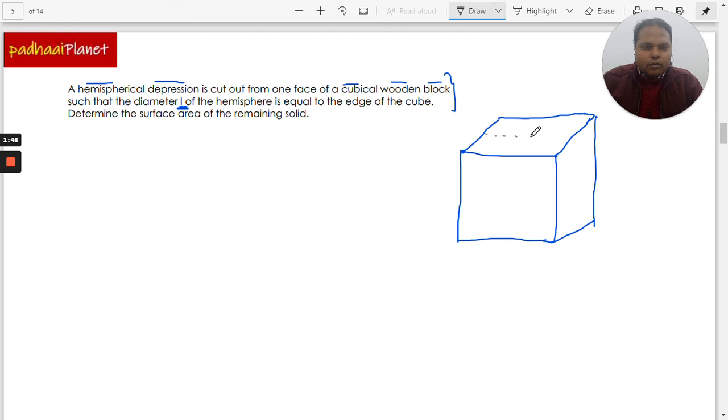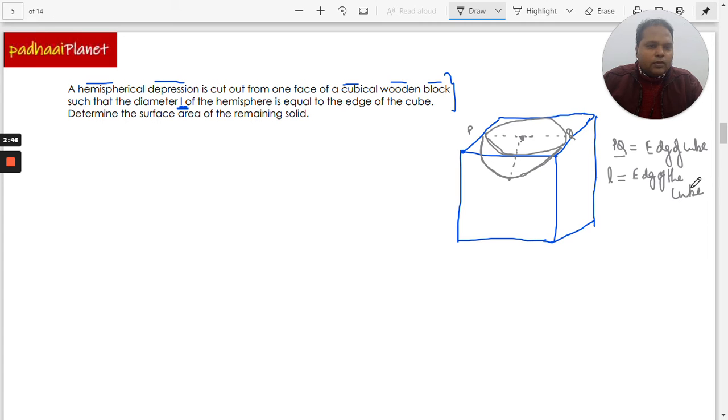Suppose the diameter is PQ, so PQ is equal to the edge of the cube, and PQ is L.